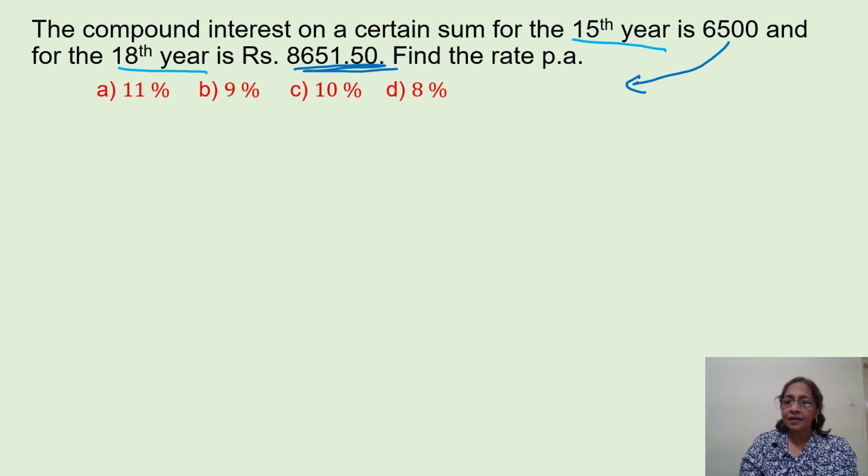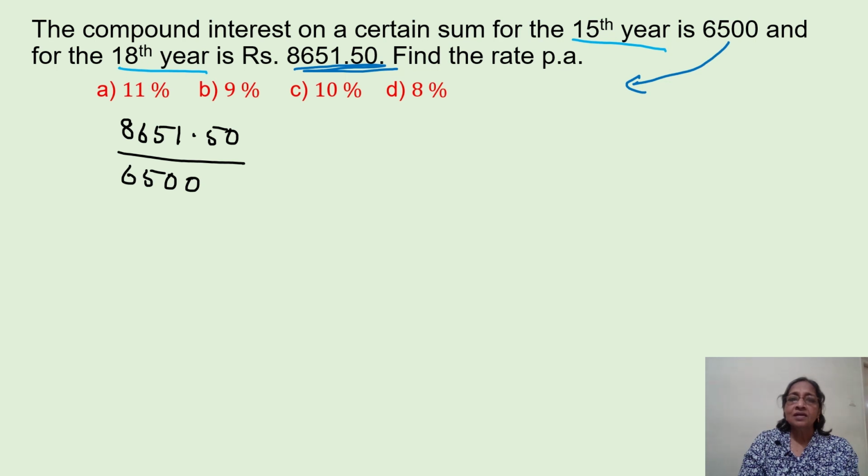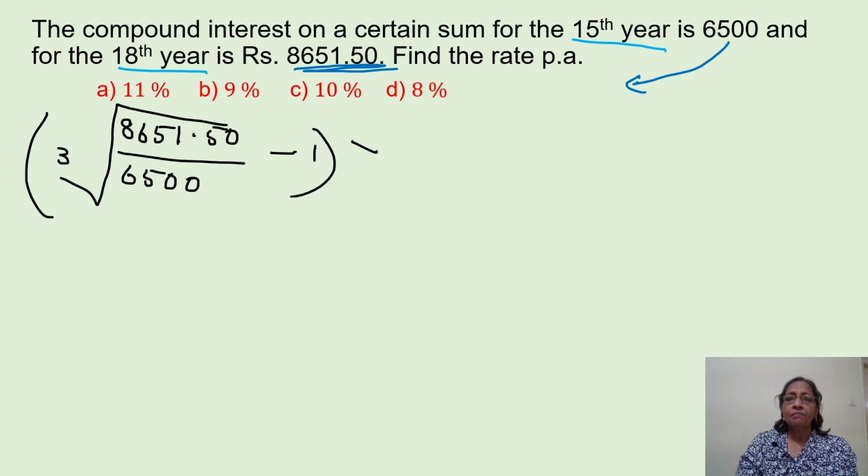So basically, the amount becomes 8651.50 and the principal becomes this in 3 years. From the 15th to the 18th, it becomes 3 years.